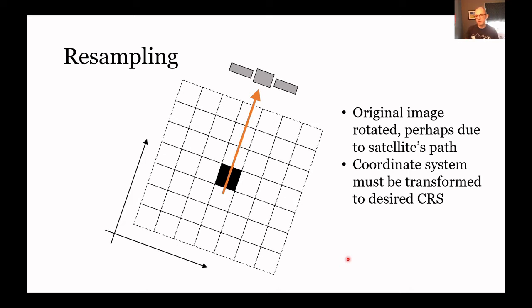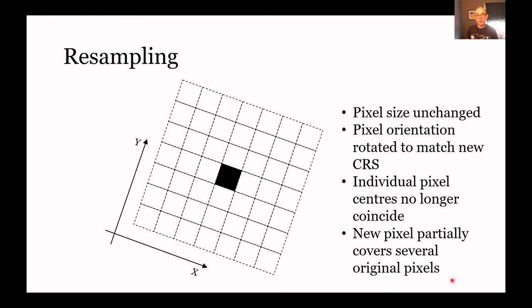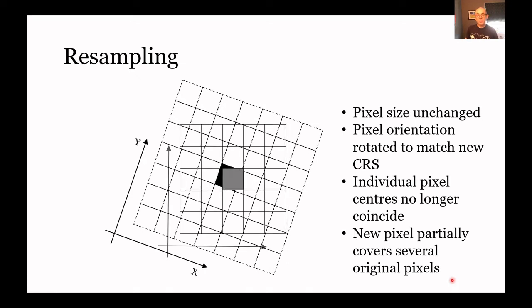Similarly, with an aircraft, they're bound by other limitations, and so they're doing their own thing. They're flying according to a coordinate system that is best for them. So if we want to work with this data together with other information, other data, then we are going to have to, at some point in our work, transform this, and this will mean resampling. So we go from one coordinate system and we want to resample to another coordinate system.